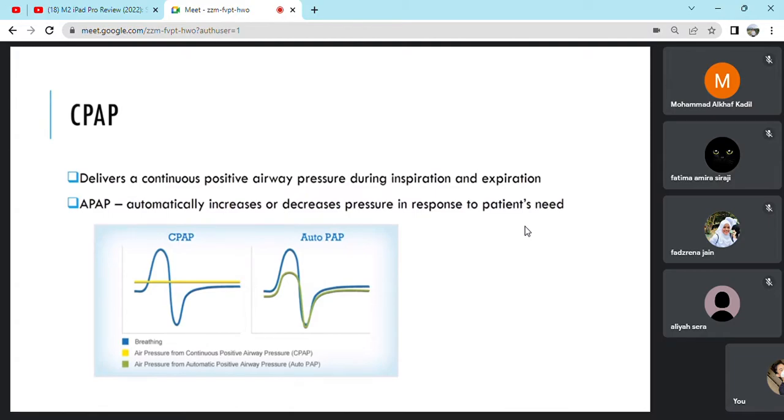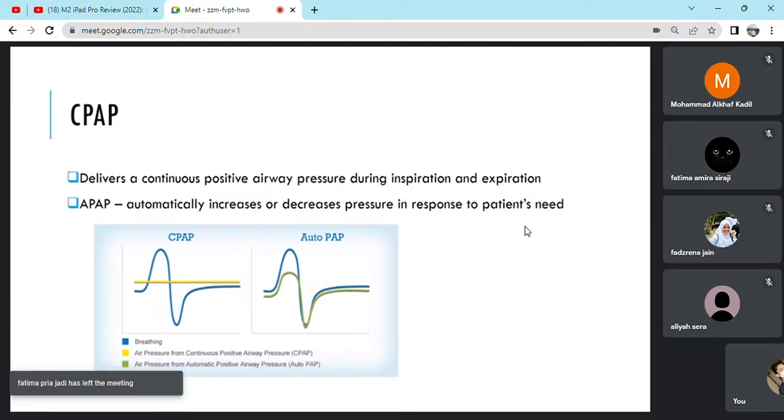Okay, the blue one is the one that is manifested during the breathing process. As you can see, the continuous positive airway pressure will prevent the collapse of your airways. Kaya continuous din yung breathing ng iyong pasyente.